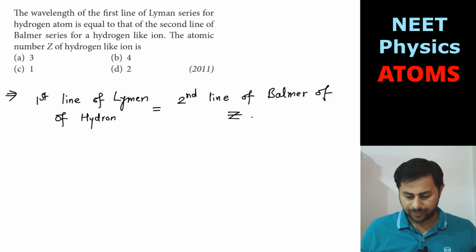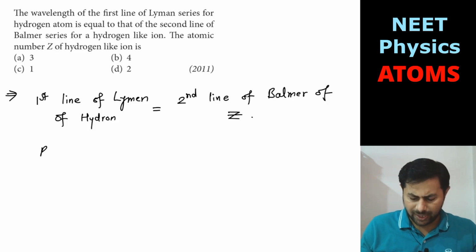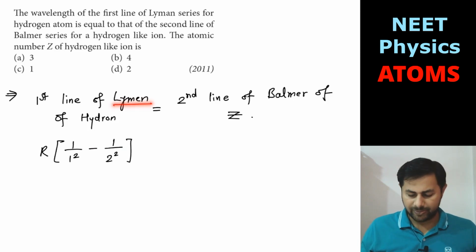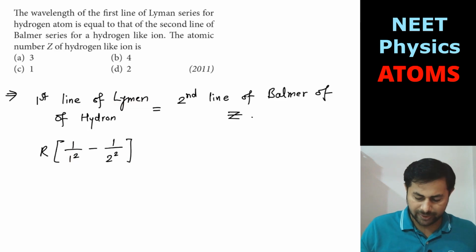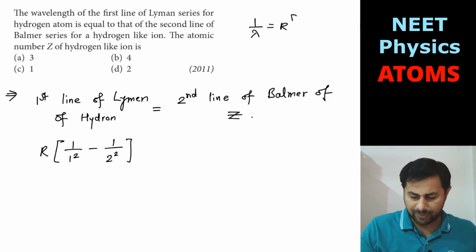So what is the first line of the Lyman series? It is R multiplied by 1 by 1 square minus 1 by 2 square, right? This is the Lyman series, that means the final orbit is the first orbit only. Our formula is 1 by lambda equals R multiplied by 1 by n_f square minus 1 by n_i square.